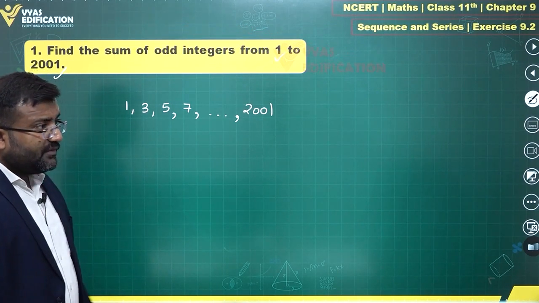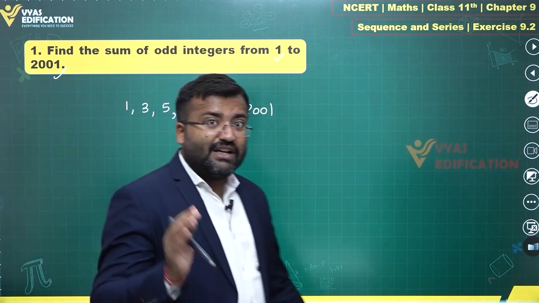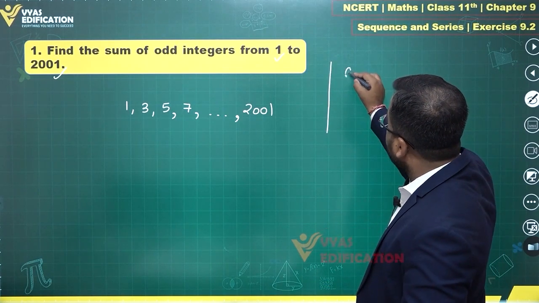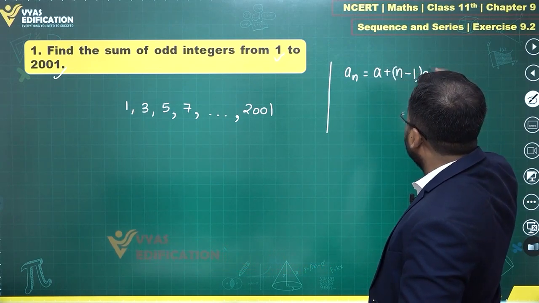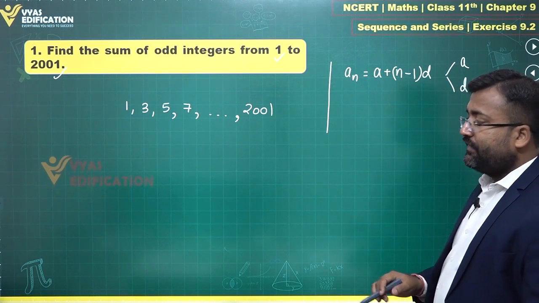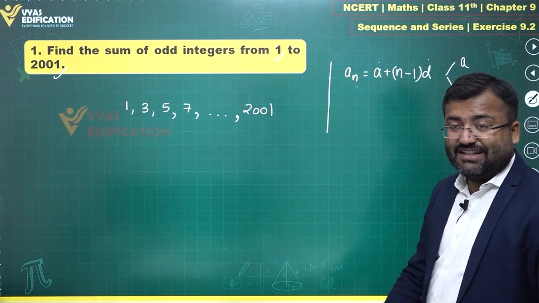Odd integers we have written. The important thing about arithmetic progression, let's note those things. So an in general is a plus n minus 1 d. Two things are important, the first term and the common difference. If you know the first term and the common difference, you can always find the nth term.